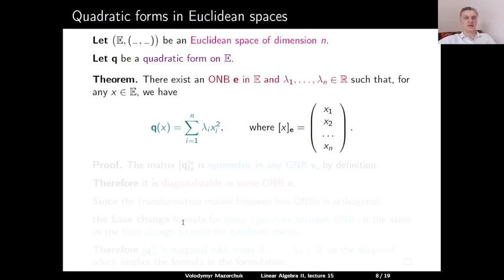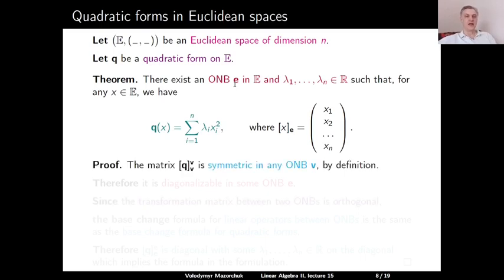Theorem: there exists an orthonormal basis bold E in our Euclidean space E, and real numbers lambda 1 and so on lambda n, such that for any x in the Euclidean space E, the value of our quadratic form at x is given by the formula, the sum over i from 1 to n, lambda i xi squared, where x1, x2, and so on xn are the coordinates of x in the orthonormal basis E. In other words, this says that the matrix of our quadratic form bold Q in this orthonormal basis E is the diagonal matrix with lambda 1, lambda 2, and so on lambda n on the main diagonal.